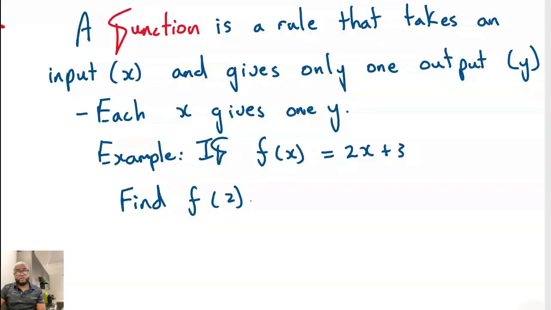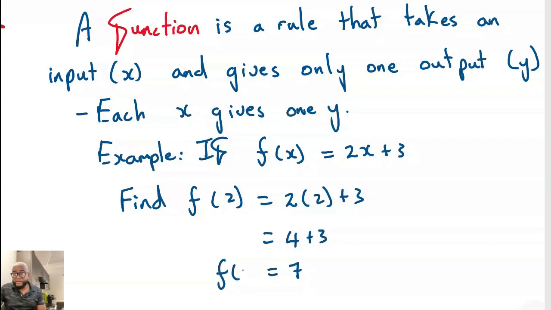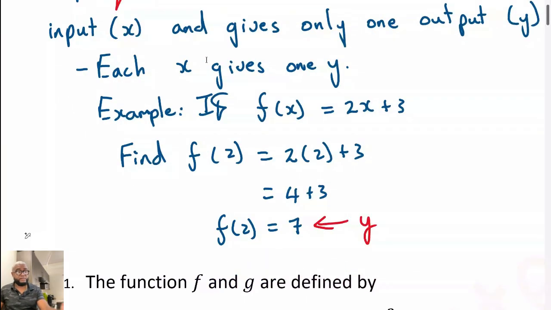Everybody with me? So if I wanted to find f of 2, this will be equal to 2 by 2 plus 3. Multiplication is understood between this 2 and this x. Is everybody clear there? 2 2s are 4, plus 3 would be 7. So 7 is my output. 7 is actually y. Is everybody clear here?